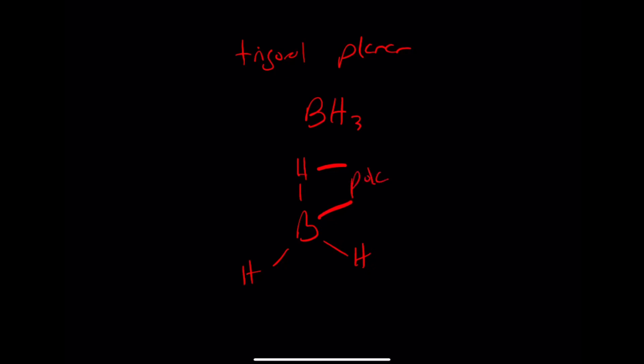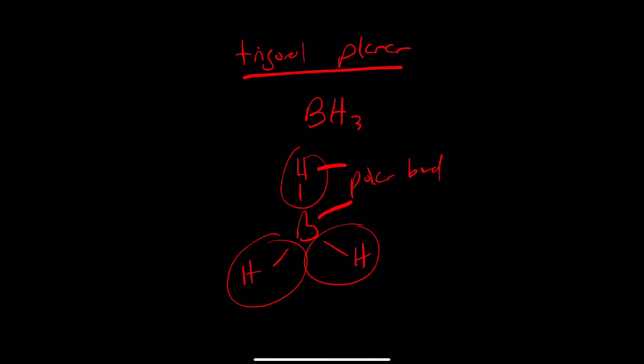So this is a polar bond right here, but we've got 3 that are of equal magnitude. And if you have a trigonal planar geometry, you can also have all 3 canceling each other out perfectly, and you end up with a nonpolar molecule. So it's important to understand we're talking about the bonds being polar, but then the molecule overall being nonpolar.